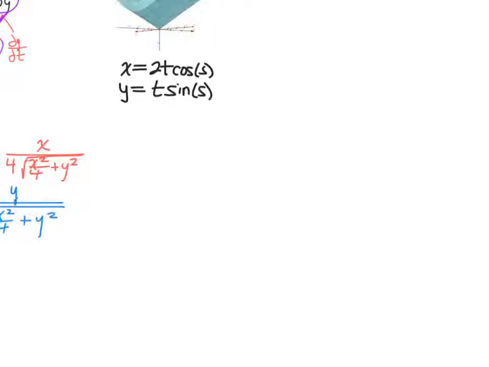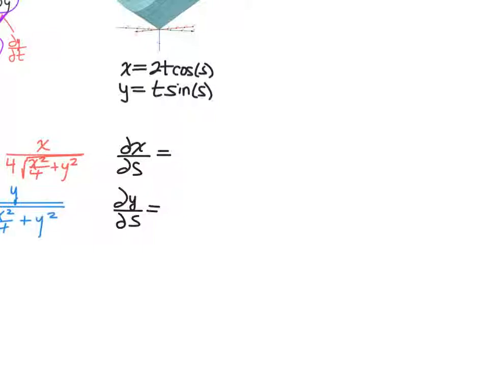So I need partial x with respect to s and partial y with respect to s. It looks like we don't need product rule. I looked at it too quickly because we're holding 2t constant.